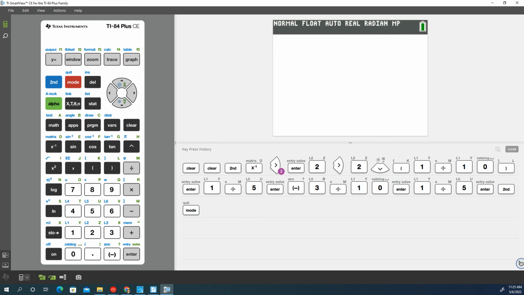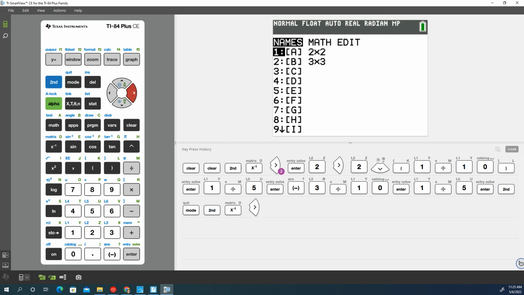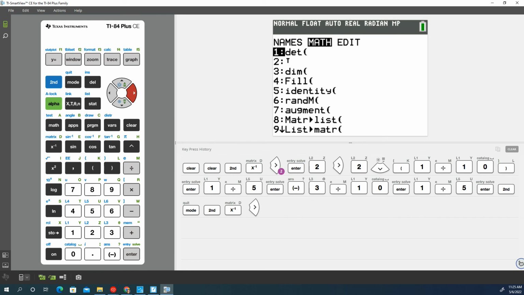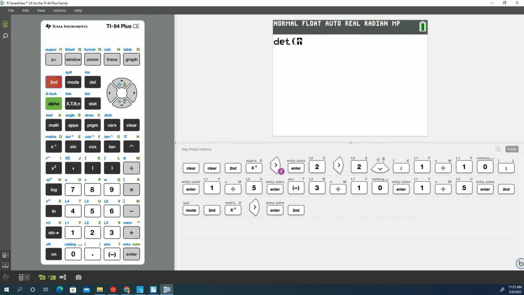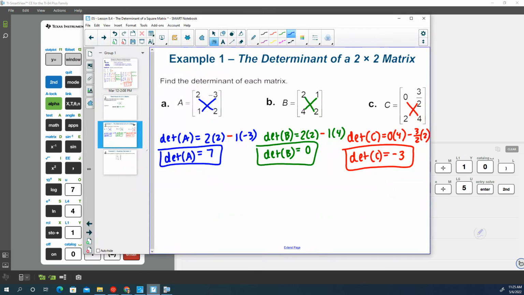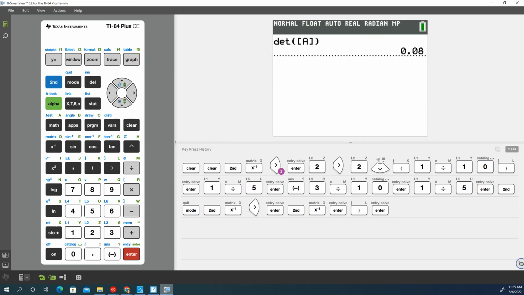It's the first thing. Matrix, you betcha. If you go over to math, it's the first thing. Let's find the determinant of matrix A. .08. If you want to do it as a fraction. Too fast. Oh, okay. Did you get it stored? Yeah.